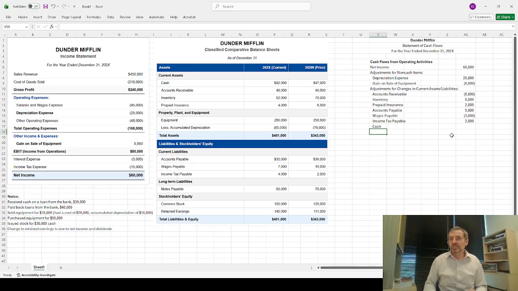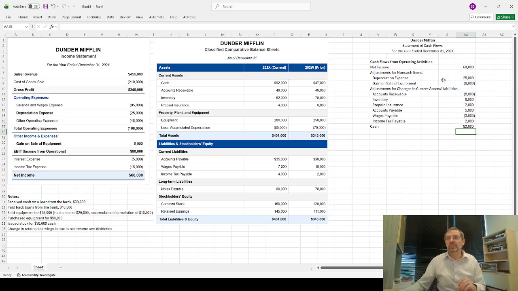And the terminology depends on do we have a positive or negative cash flow? So let's add all of this together. Have $60,000 in net income, which is close to our cash, but let's make a few adjustments to get it to a real cash number.